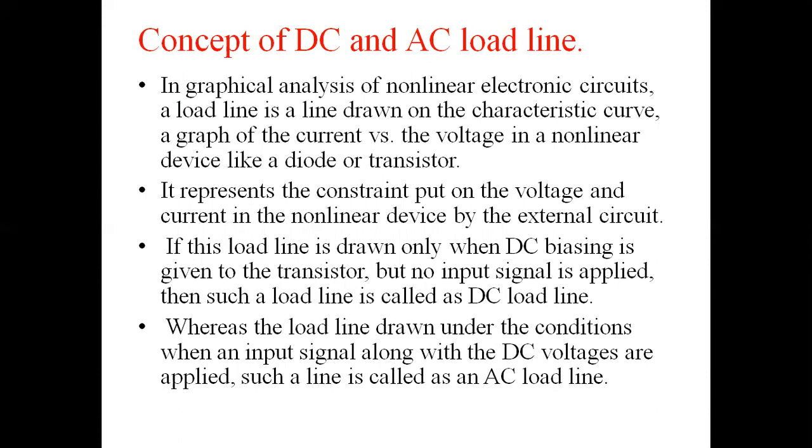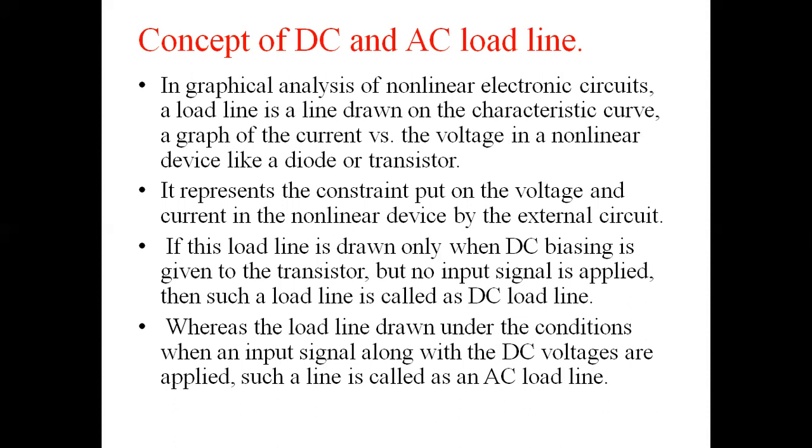If this load line is drawn only when DC biasing is given to the transistor, but no input signal is applied, then such a load line is called a DC load line. For example, consider a transistor when no input signal is applied.